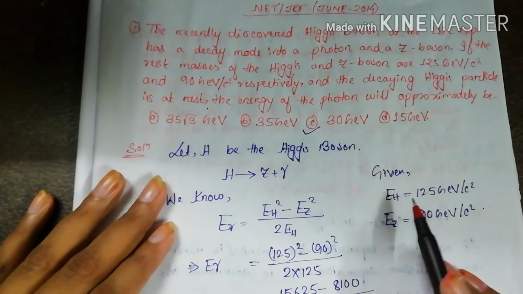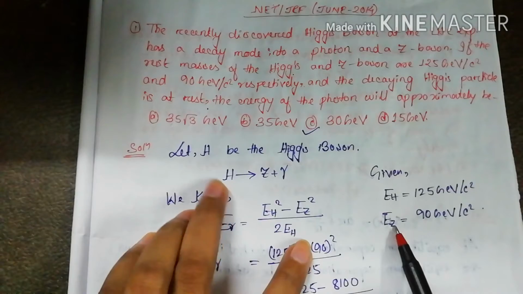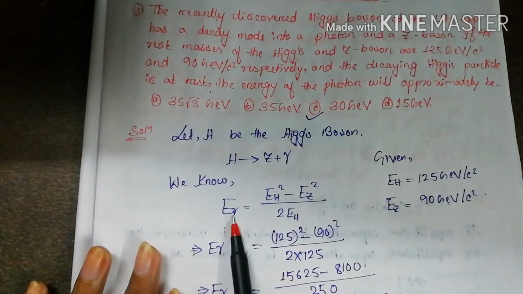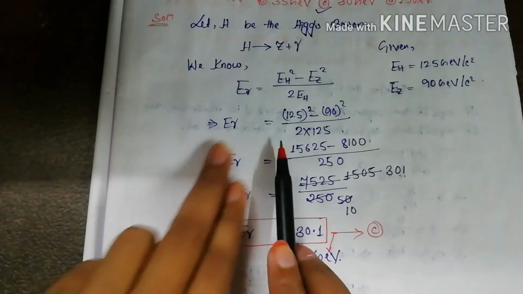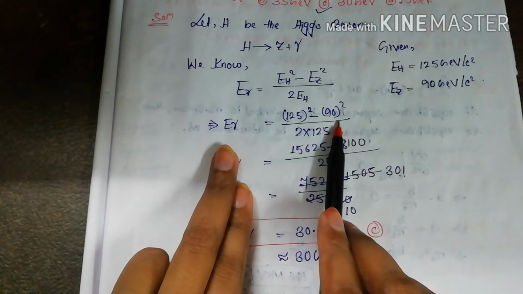So first of all, we have written the given terms here. We have considered H to be the Higgs boson. This is the reaction which I am showing here. Now we will write the formula. E gamma is equal to what? EH square minus EZ square by 2EH, right? So the value of EH is 125 and the value of EZ is 90.